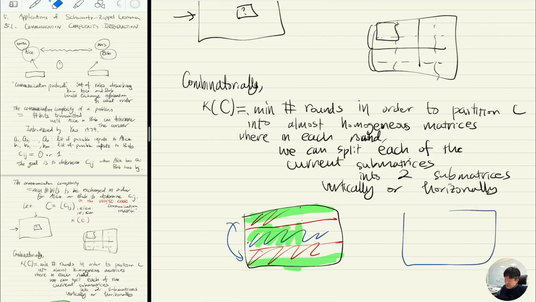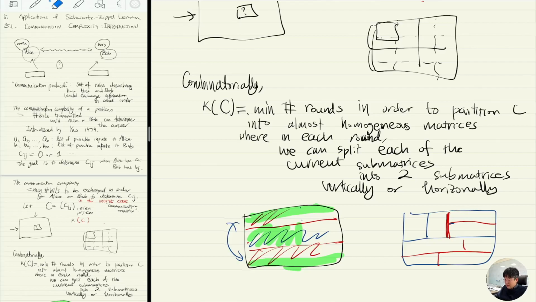So let me simplify the picture. You start, this is round 1. Now I have 2 submatrices, 2 rectangles. And then in round 2, I partition maybe the first one like this and the second one like that. Depending on the protocol, maybe if the answer is below, then Alice would send another bit. If Bob sends another bit, then we are partitioning vertically. And then in round 3, maybe Bob would again do this, but depending on the situation, maybe this and this.